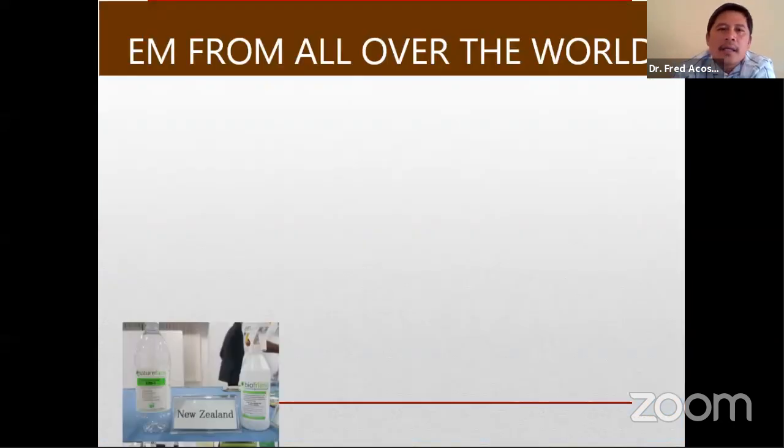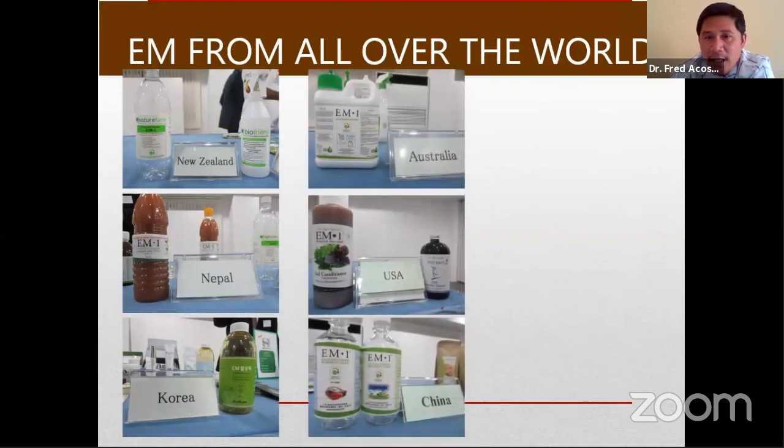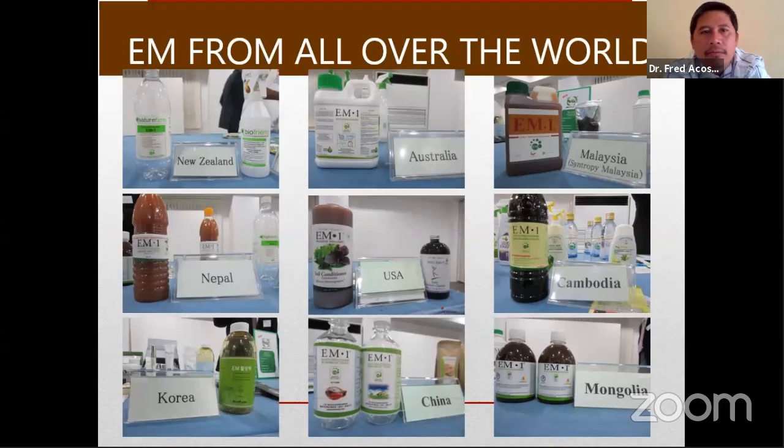These are the commercial packaging of EM from all over the world. Unfortunately, I did not manage to see a commercial packaging of EM1 in India, but I saw some from Nepal, Korea, China, Mongolia, Cambodia, Malaysia, Australia, New Zealand.